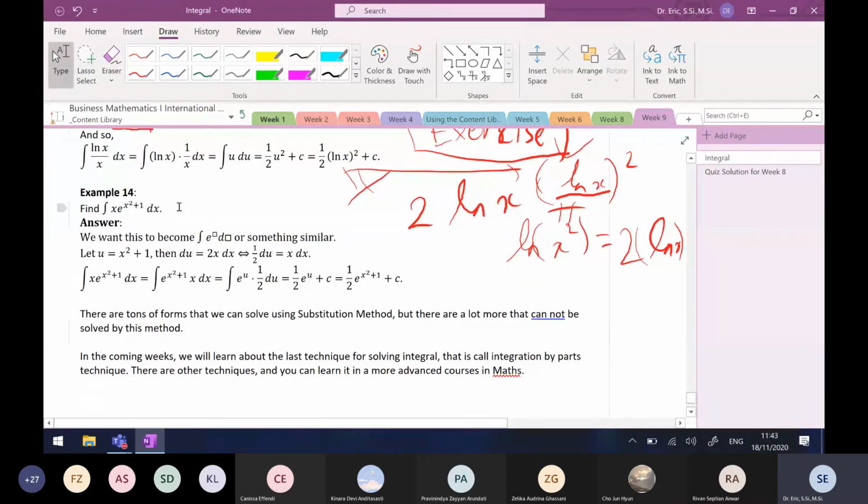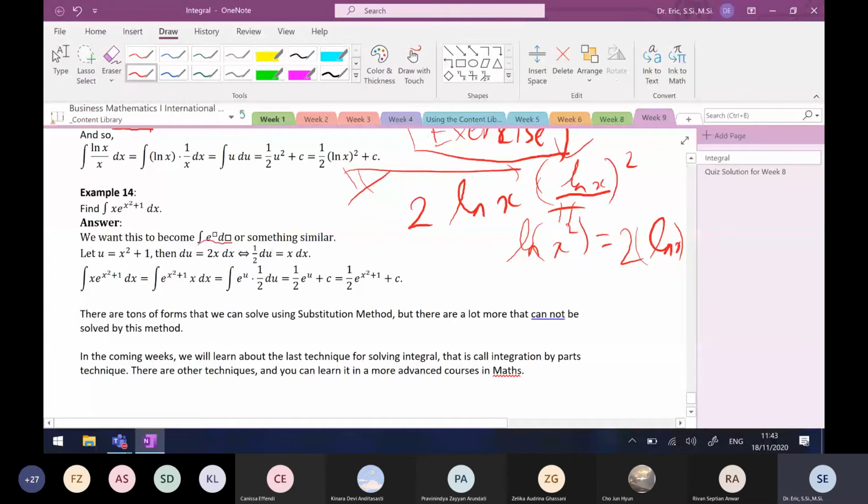So the last example. You have this, find the integral of this. In the table, I just have one formula that involves e. That is the integral of e to the box d box. So I want to find this one. What is the box?